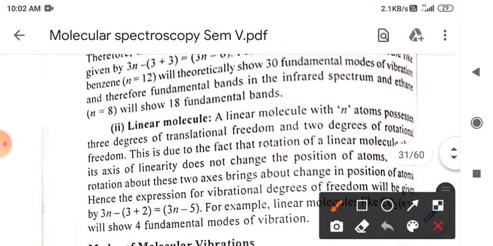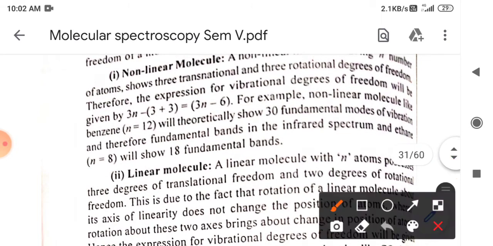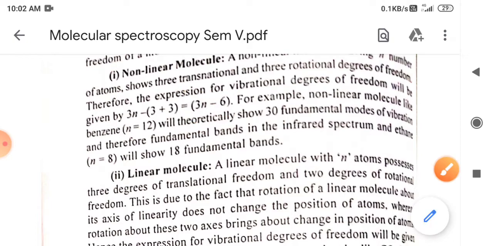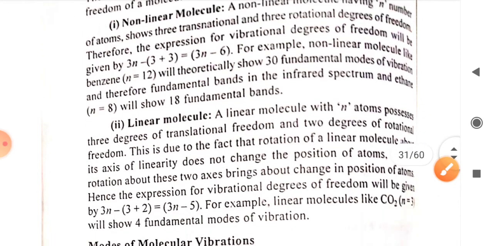So for non-linear molecules, simply remember this formula for calculating the number of modes of vibration. You might be given a molecule, so first of all we should know the structure, whether it is linear or non-linear, and based upon that we can simply predict the number of vibrational modes for that molecule.